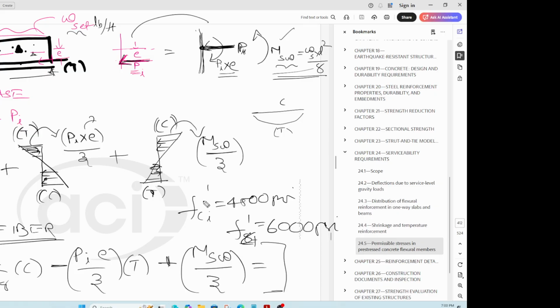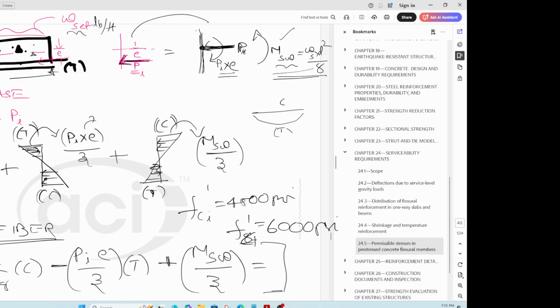So the stress limits that we need to use during initial stage are different from the stress limits that you're going to use during final stage, right? How do you calculate your stress values for initial stage? This entire slide here is only for initial stage, meaning after release, after you cut the ribbon, right?